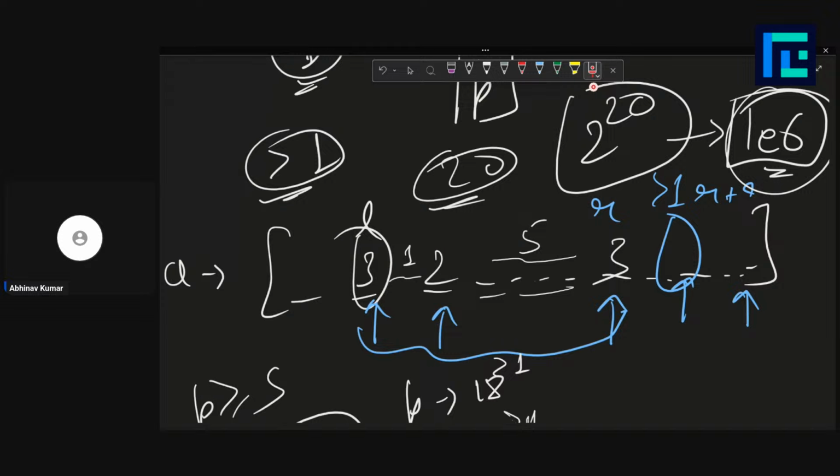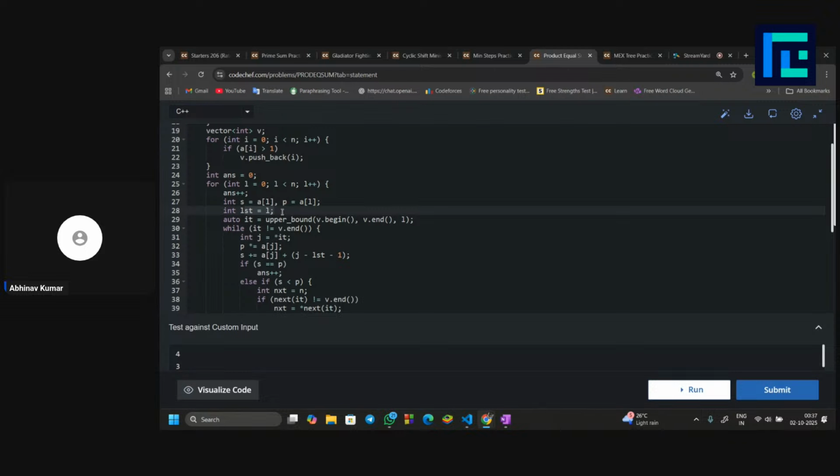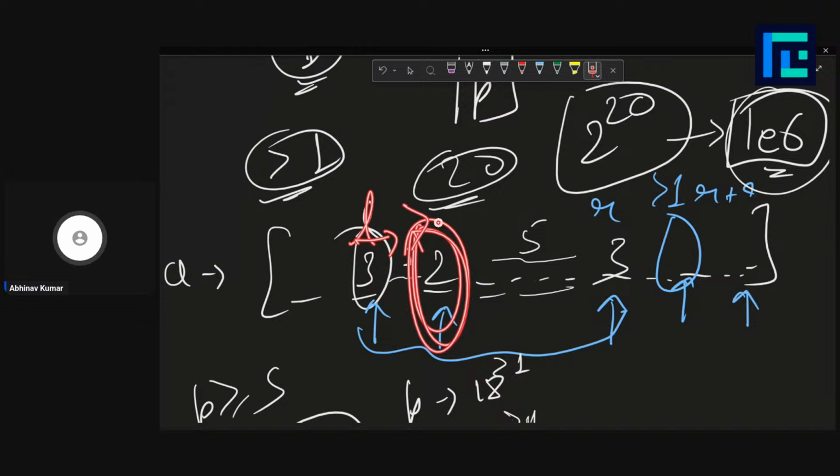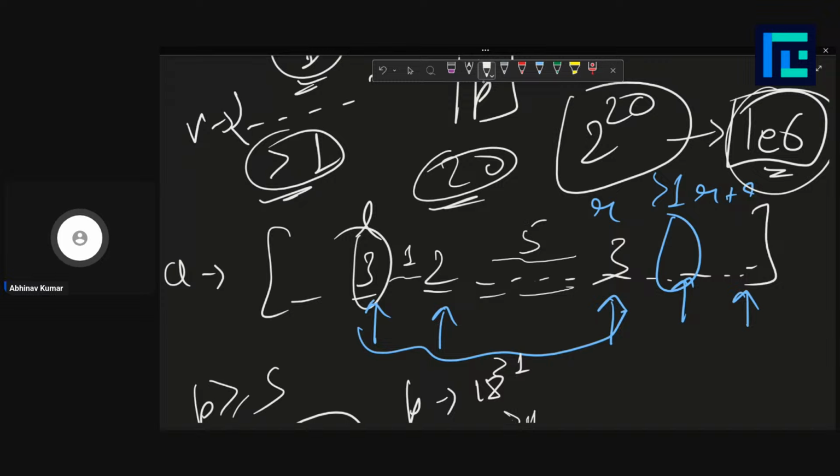So for that, I'm storing the last index. Now, from where would I start iterating if I fix my L? The first value just after L which is greater than 1. In my vector V, I had the indices of all the values which were greater than 1.